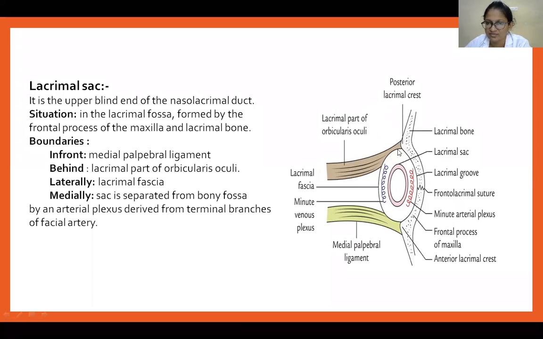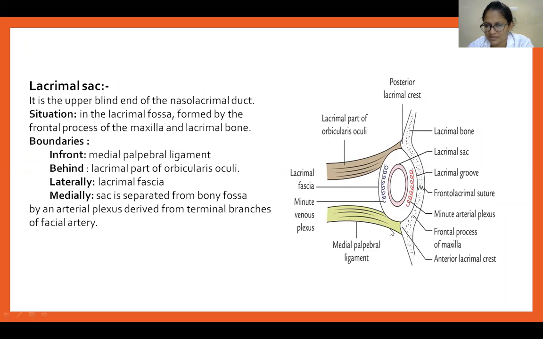Medially, it is related to the arterial plexus, formed by the terminal branches of the facial artery, which is separated from the bony fossa. Laterally, it is related to the lacrimal fascia. These are the boundaries of the lacrimal sac.